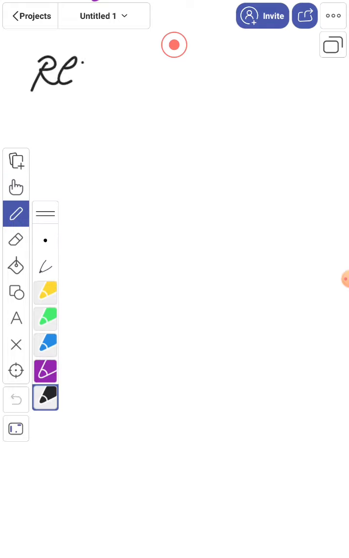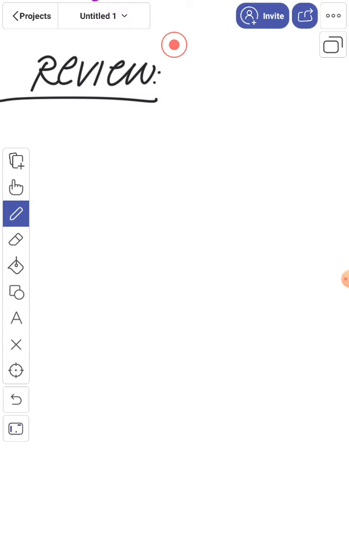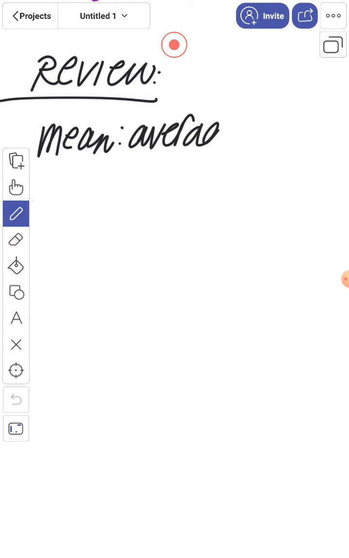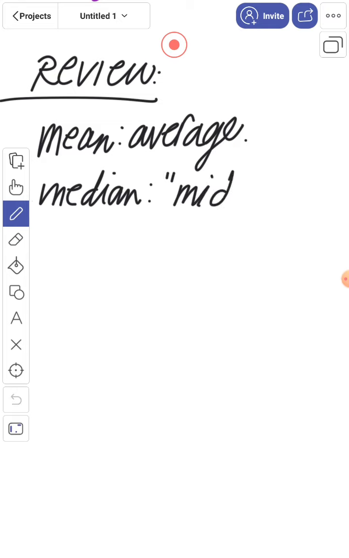Let's review what we just learned. In summary, the mean is literally just the average. The median is the middle number.